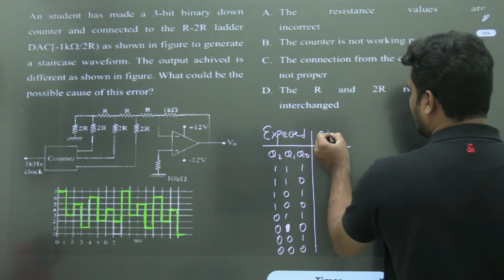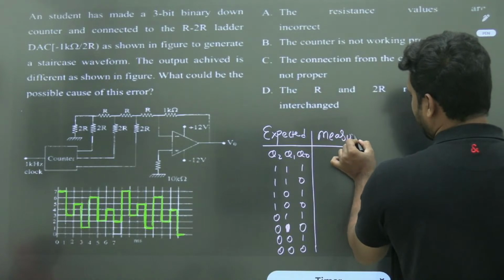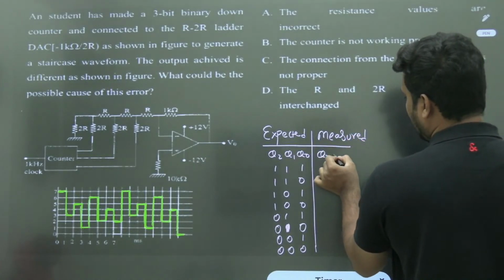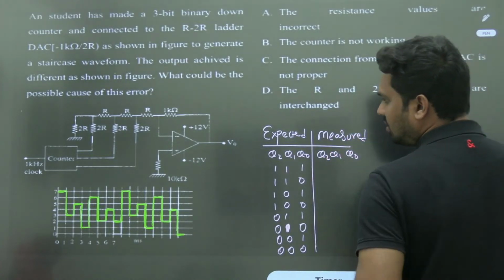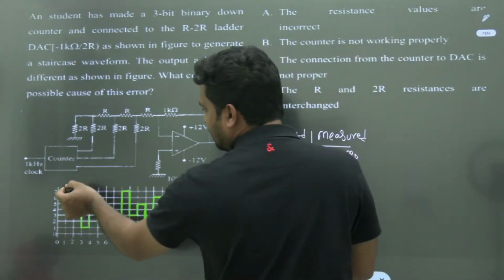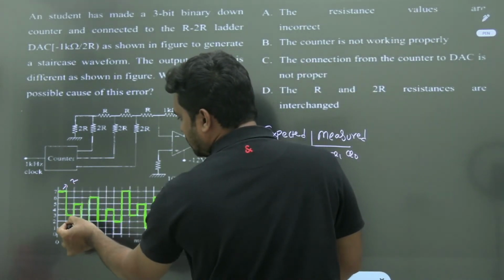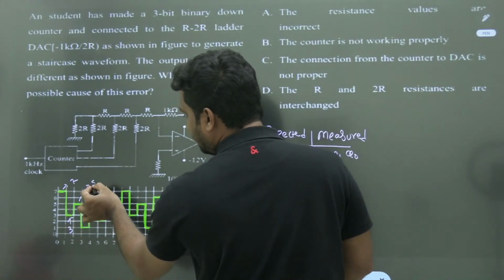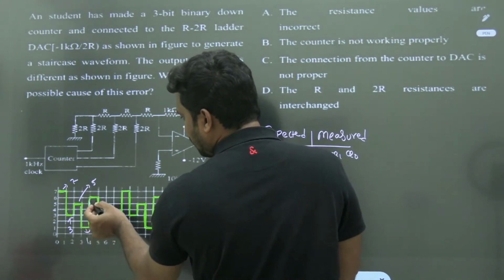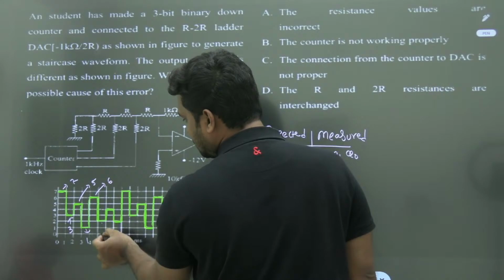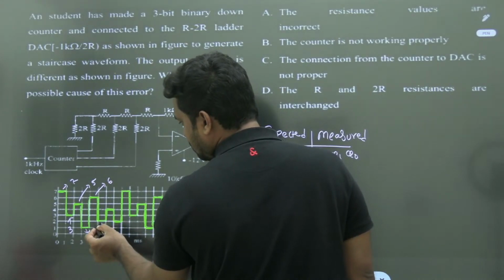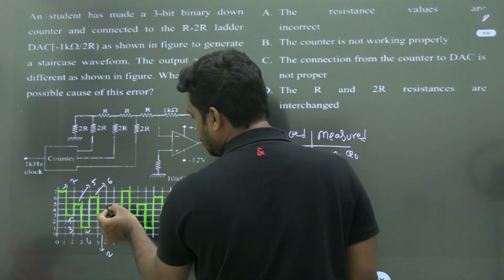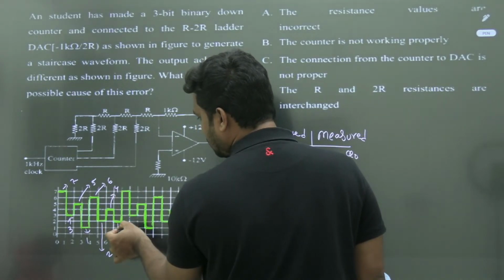But what is measured? What you got is 7 first, then 3, 5, 1, 6, 2, 4.